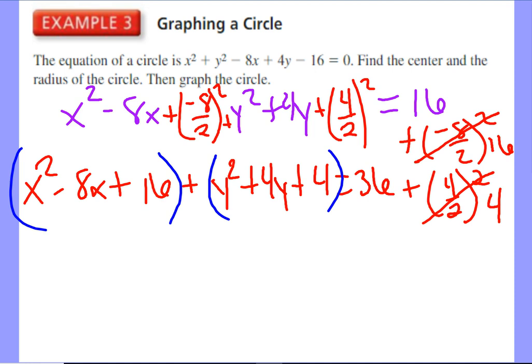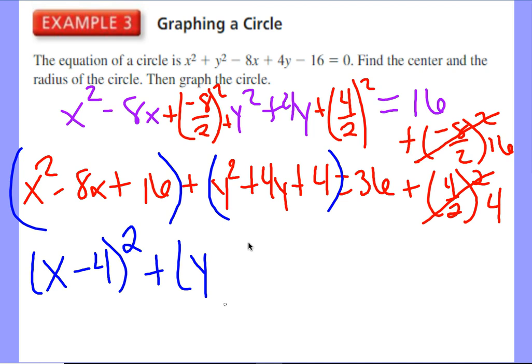Because 4 times 4 is 16, and negative 4 times negative 4 is 16 also, but together they add to give me negative 8. So really this is (x - 4)^2 plus y, same thing here. 2 times 2 is 4, and 2 plus 2 is 4. So I get (y + 2)^2, and that all equals 36.